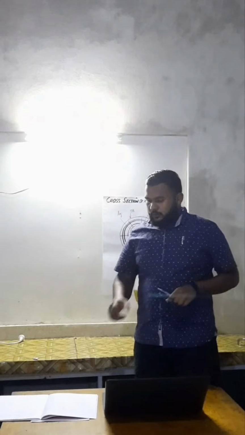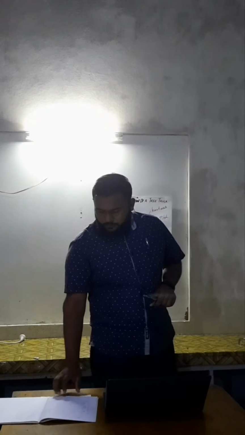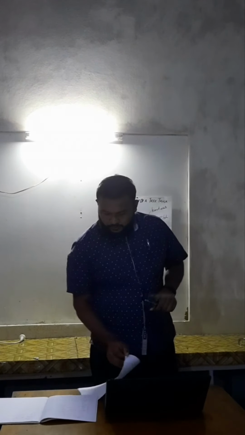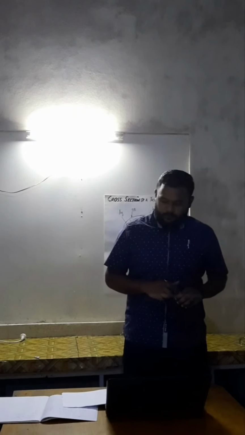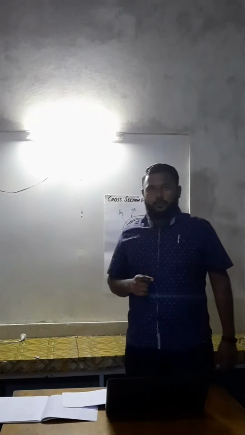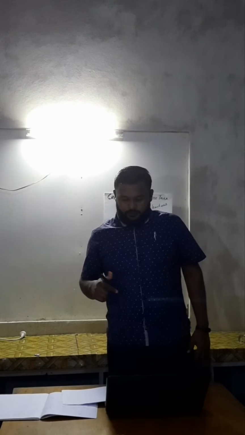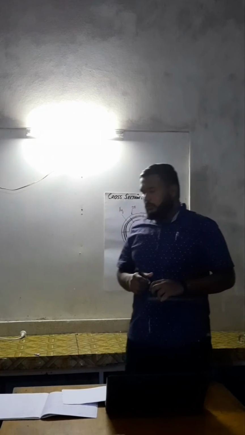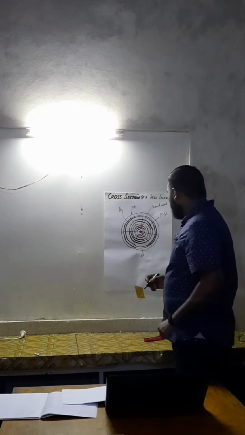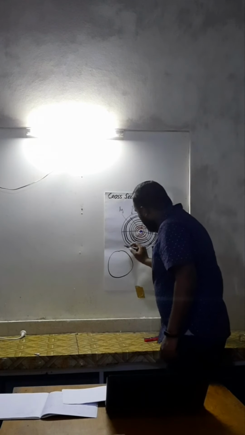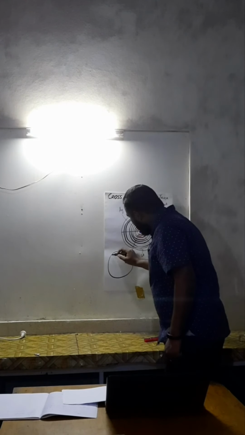In addition, we will be talking on the methods of sawing timbers. There are 2 types of sawing methods. The first one is known as through and through or plain, and the second one is known as quarter sawing. I will be showing the description. For example, this is the log over here.